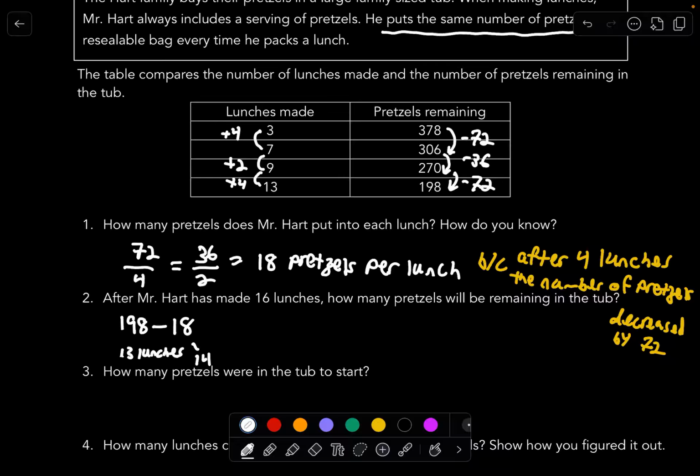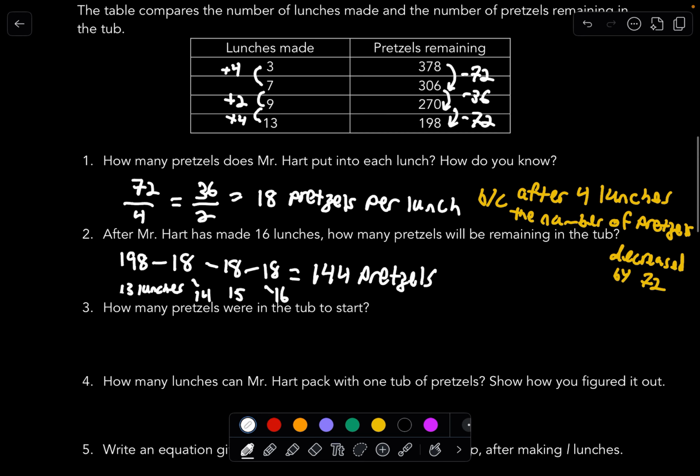So that's 14 lunches. That's 15 lunches. And that's 16 lunches. So it's 198 minus 18 minus 18 minus 18, which is 144 pretzels left.